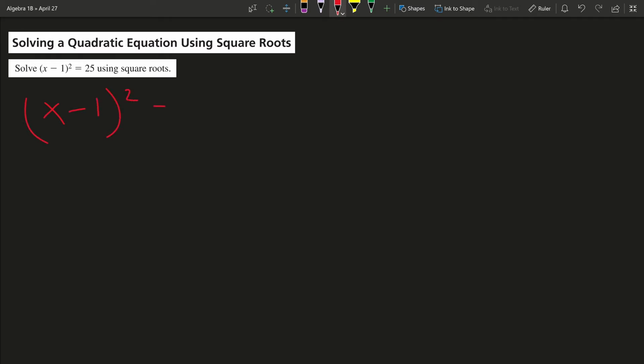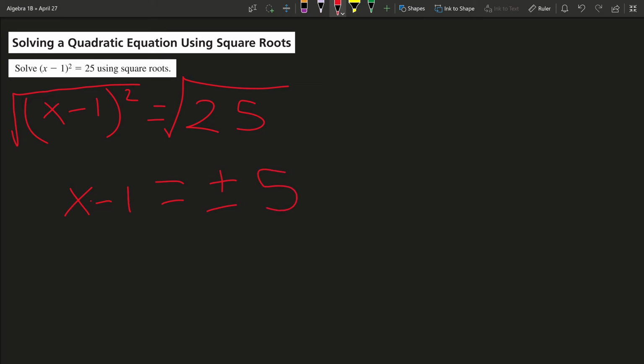So what we're going to do is, let's take the square root of both sides, which leaves us with x minus 1 is equal to, what is a root of 25? It's positive and negative 5, right?